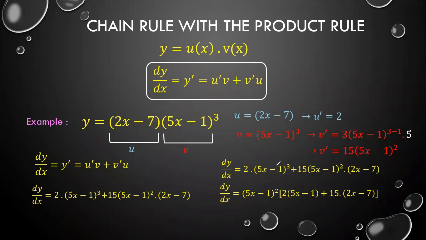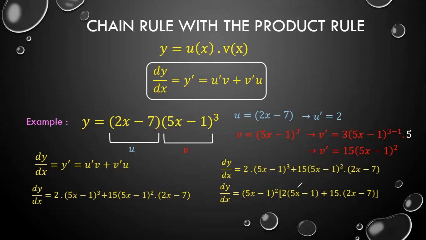For the left side is 5x minus 1 cubed, right? And the right side is 5x minus 1 squared, right? So we can distribute this function by putting 5x minus 1 squared to the outside of the parentheses here. So we can put here the simple one, 5x minus 1 squared, right?